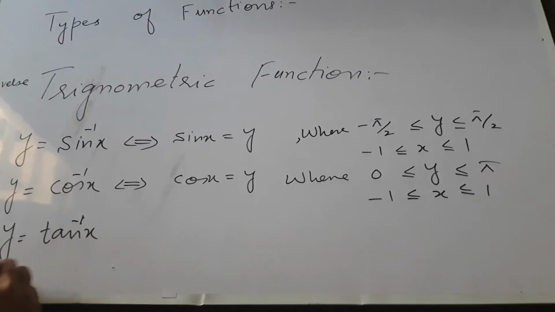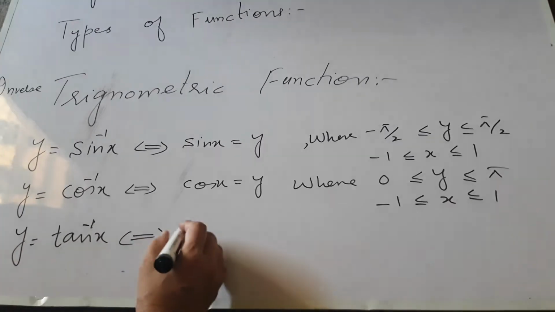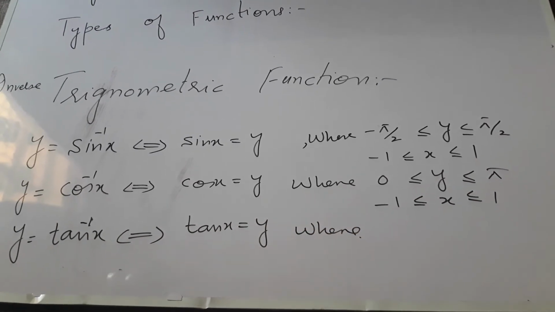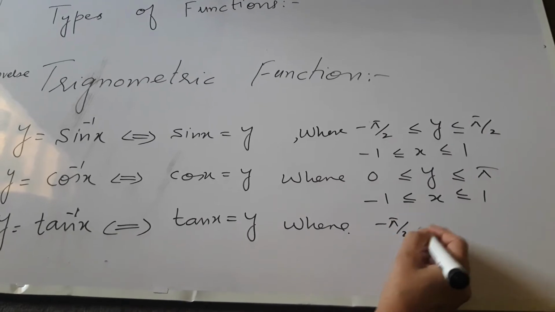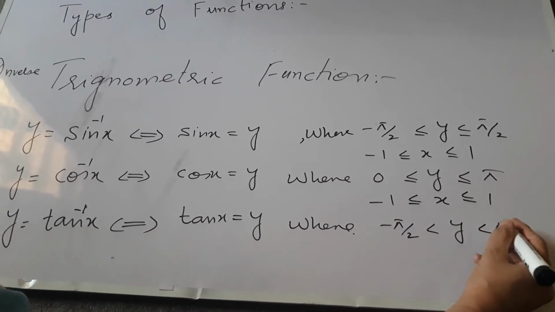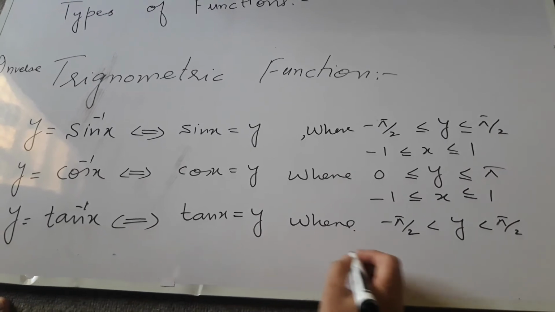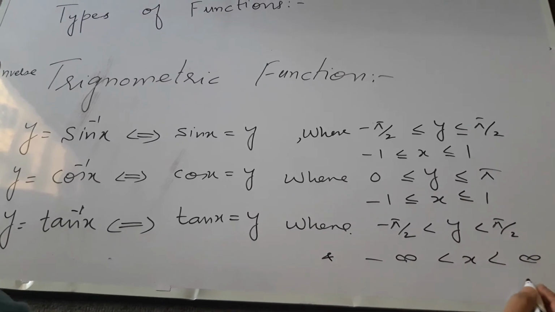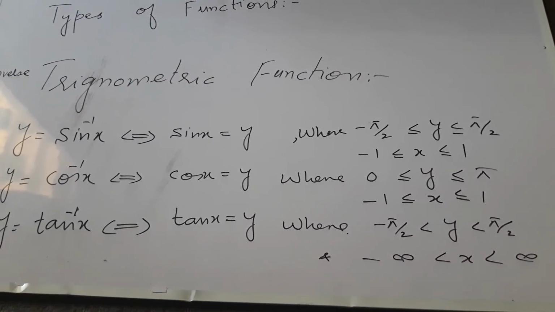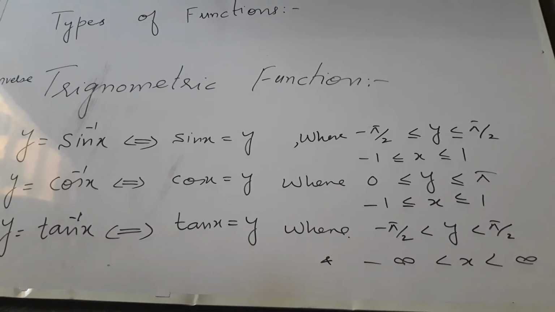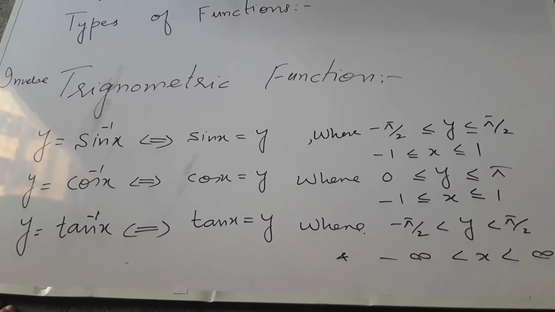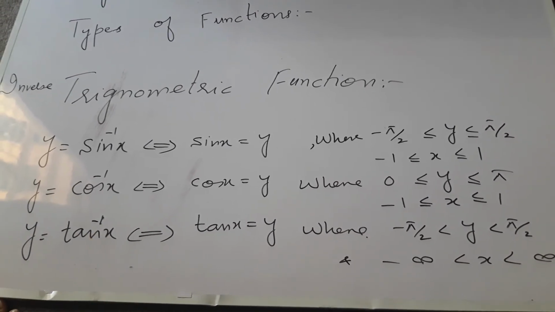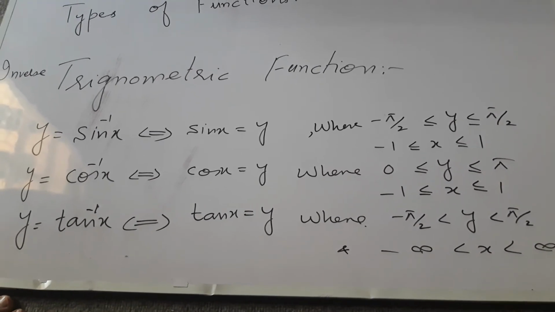And for y is equal to tan inverse x if and only if tan of x is equal to y, where minus pi by 2 is less than y is less than pi by 2, and x lies between -infinity to +infinity. Similarly, girls, you can define the cosecant inverse x, cotangent inverse x, and secant inverse x. So these were the inverse trigonometric functions.